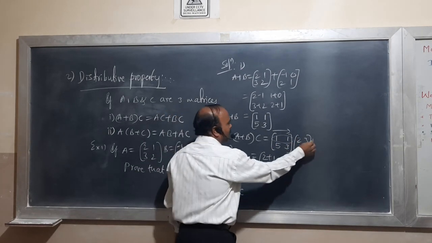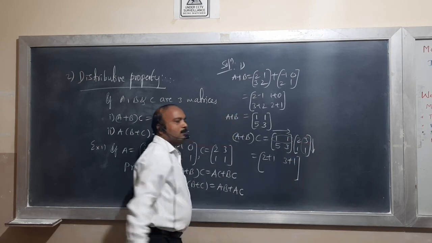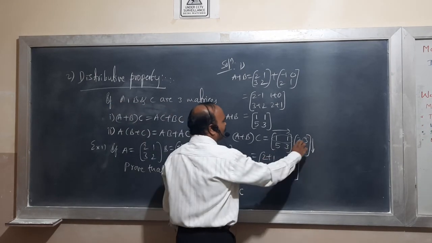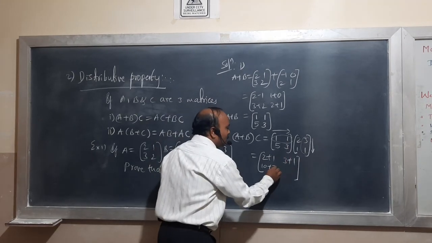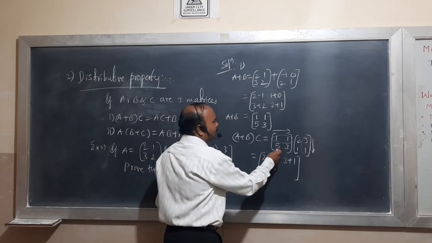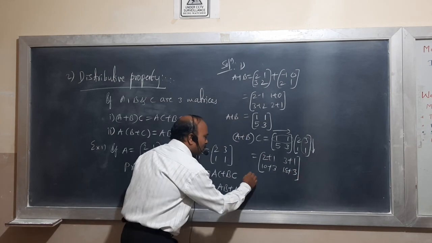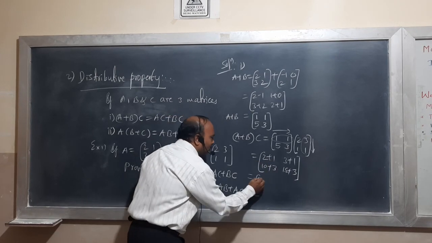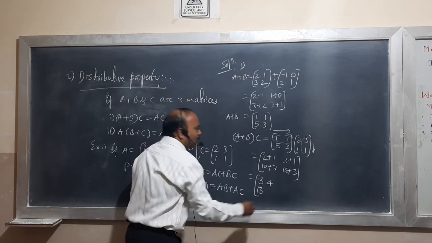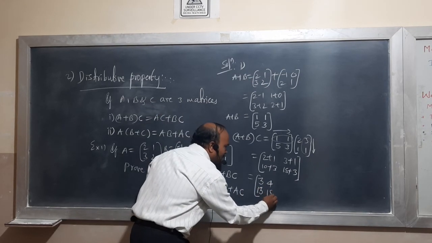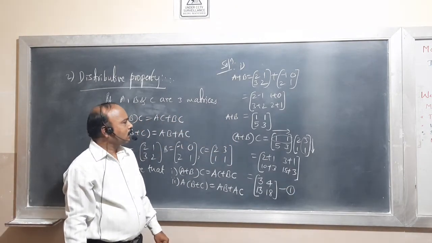Next first row, second column: 1 with 3 plus 1 into 1. Next second row with first column: 5 into 2 is 10 plus 3 into 1 is 3. Next 5 into 3, 15 plus 3 into 1 is 3. So you get 2 plus 1 is 3, 3 plus 1 is 4, 10 plus 3 is 13, 15 plus 3 is 18. Call this as 1. It is the left hand side value of the given example.